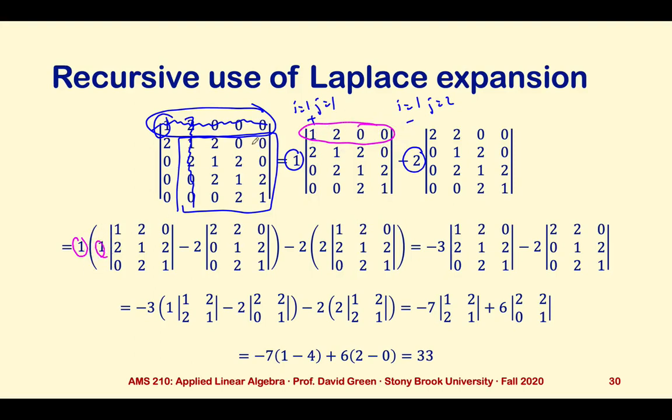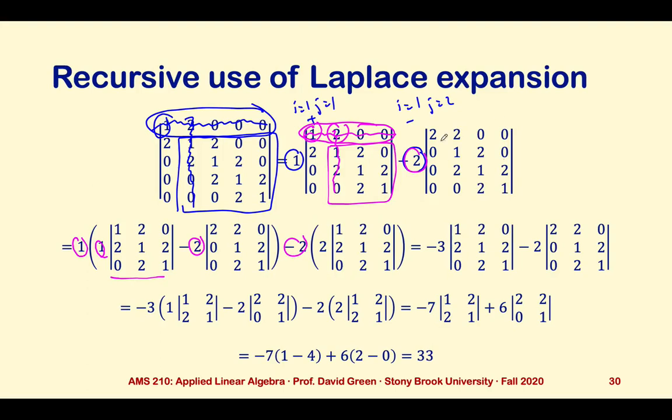A coefficient of 1 for the first entry, and the determinant of the matrix that's left over, right here, minus 2 times the matrix that we get when we delete this column and delete this row, 2, 0, 0, 2, 1, 2, 0, 2, 1, as demonstrated here. We have our second determinant now to evaluate, minus 2, so we leave this same coefficient here. And we move on to this matrix.